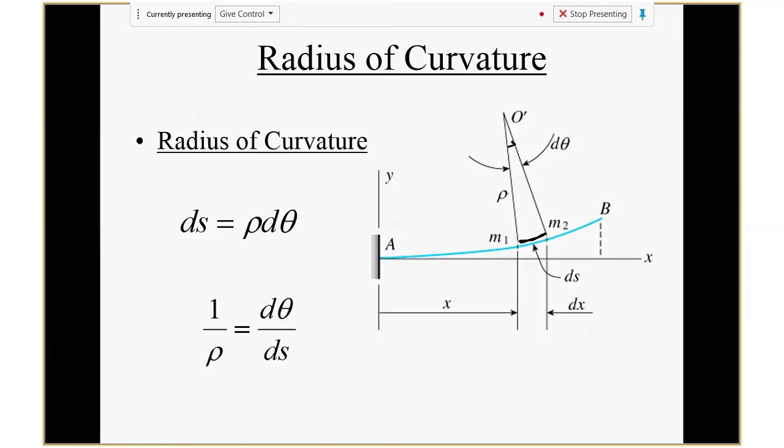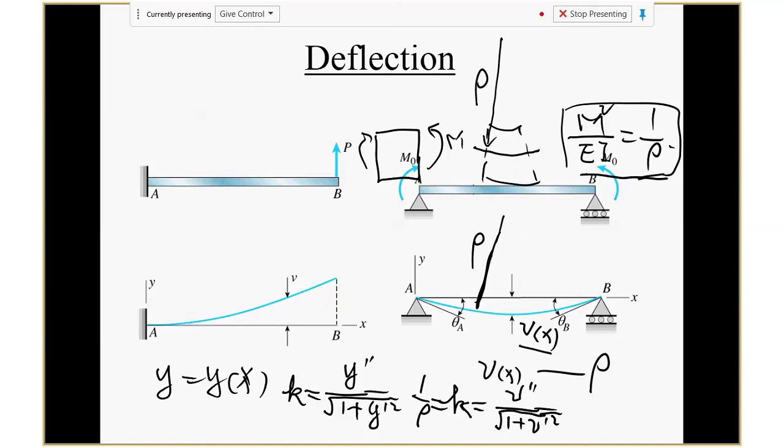So therefore, you have 1 over rho equals d theta over ds. Okay, what's d theta over ds? It's curvature, right? What's d theta? It's a slope, right? Now, from here to here, what's the jump from this equation?